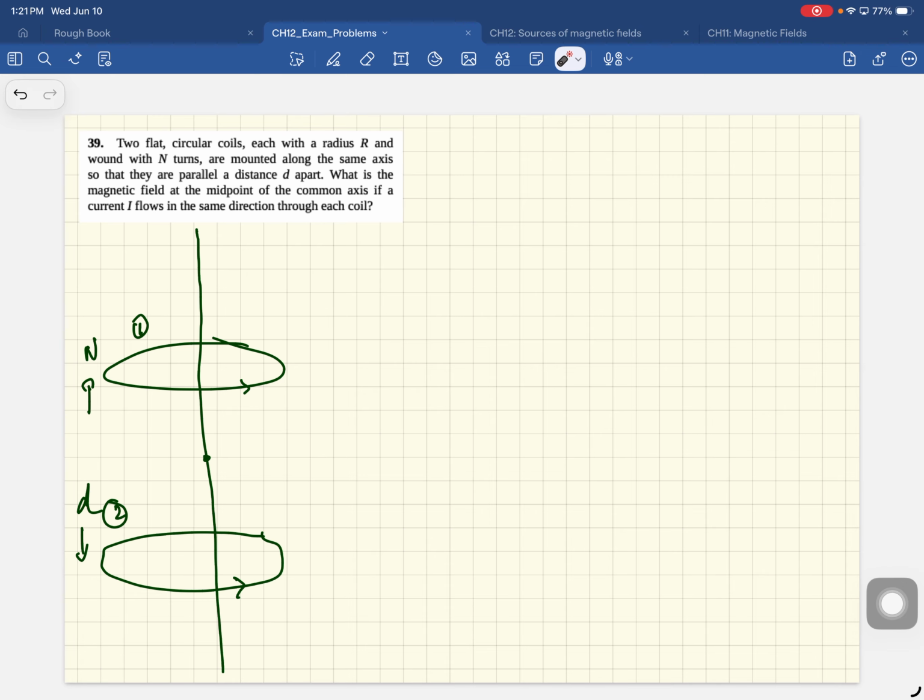A superconducting wire of diameter 0.25 centimeters carries a current of 1,000 amps. What is the magnetic field just outside the wire? So if that's the current, the magnetic field, again, the dot means the current is coming out.